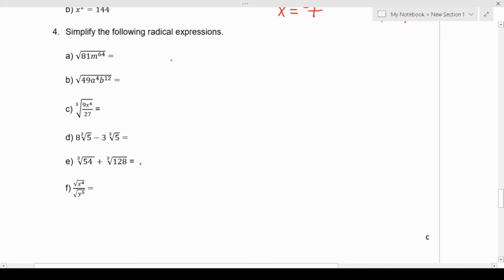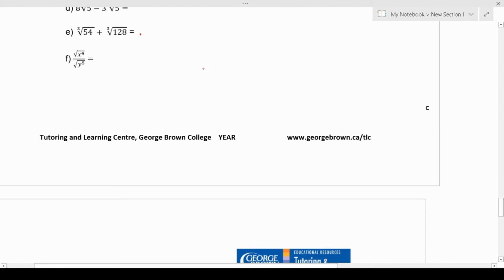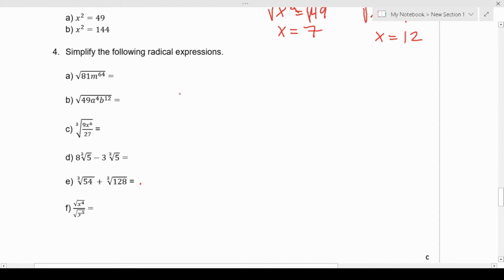We can see we have this, 8 cube root of 5, and let me rewrite that since we're getting a little sloppy. For D, we have 8 cube root of 5 minus 3 cube root of 5.